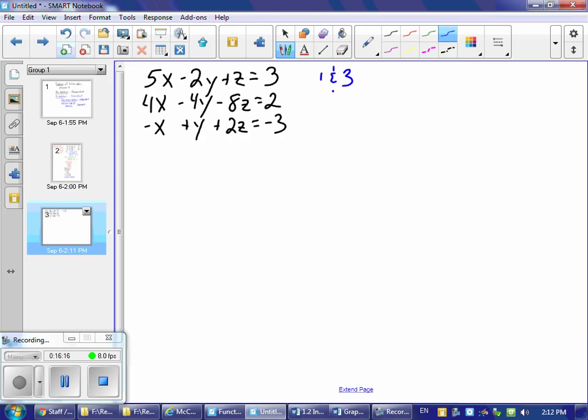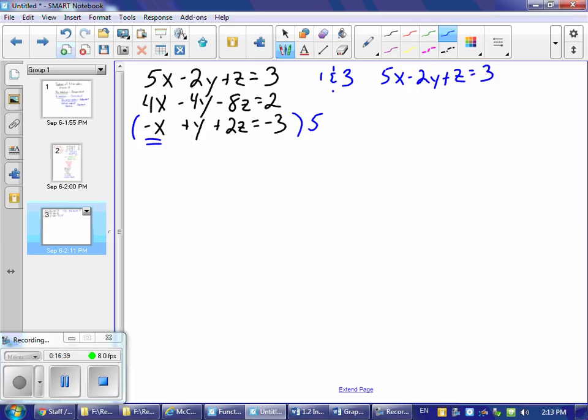If I were to use 1 and 3, I would need to multiply the whole bottom equation by 5, in order to make it a -5x and add it to the first equation, which is +5x, and have those go away. So I'm going to write the first equation because I'm not doing anything to it.